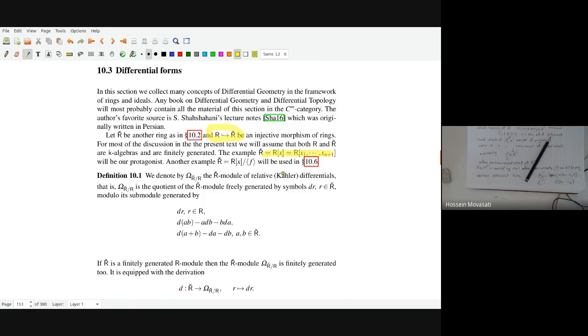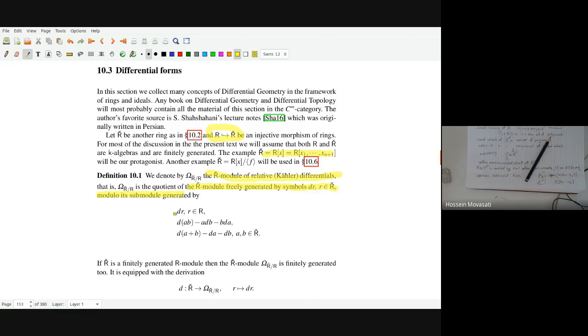So the Kähler differential forms are actually differential one-forms that we are going to define. What is this? It is the quotient of the Ř-module freely generated by symbols. So we first consider the elements of Ř as just new symbols, but from this free module we want some properties to be satisfied.